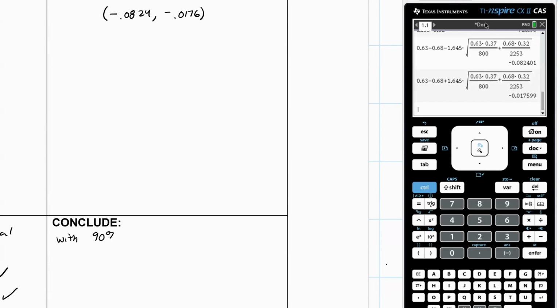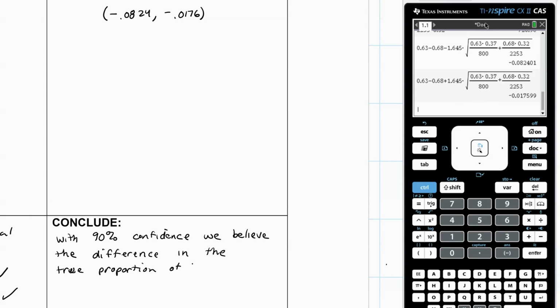With 90% confidence, we believe, not know, we believe the difference in the true proportion of US teens, because it's our first group, that, what do we measure about them?